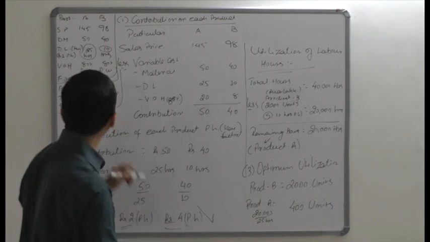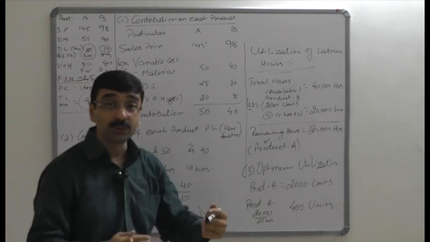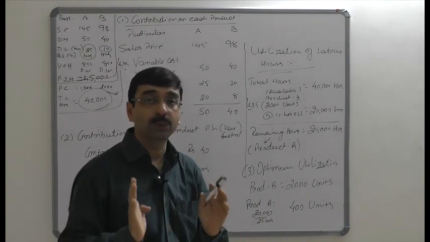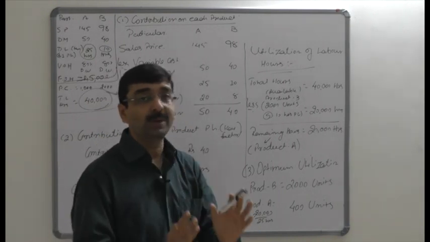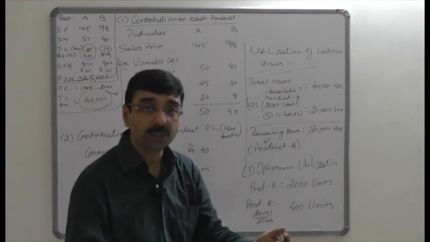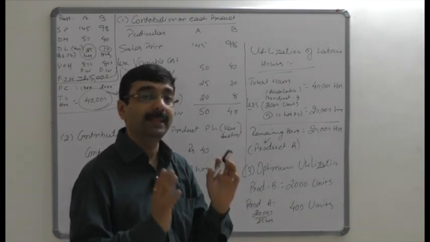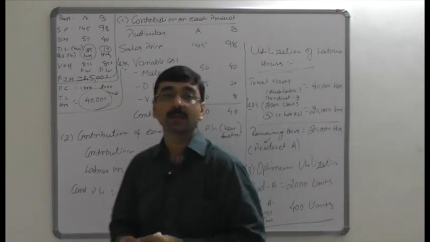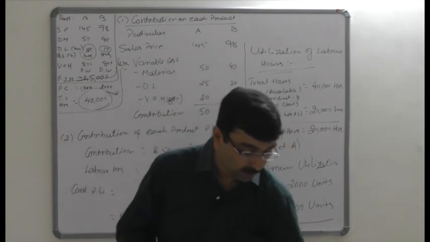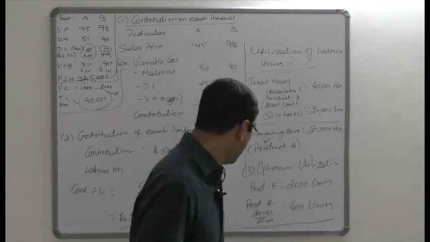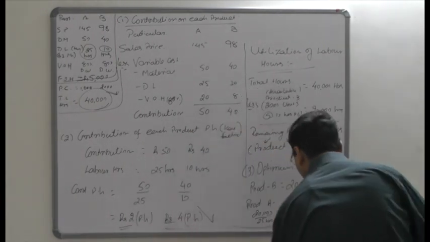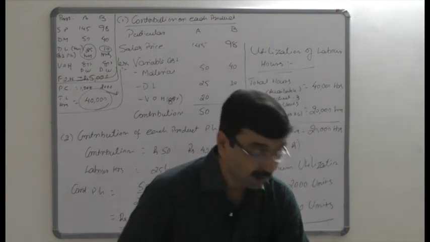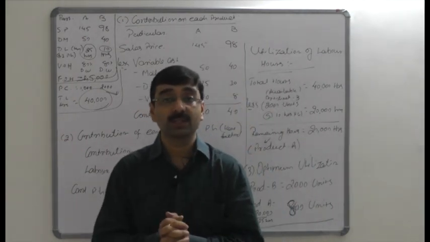So 20,000 hours divided by 25 hours comes to, sorry, 25 eights are 200, so it comes to 800 units of product A.